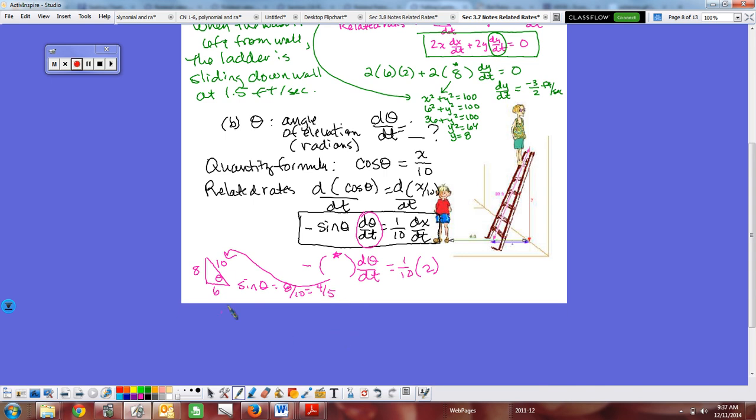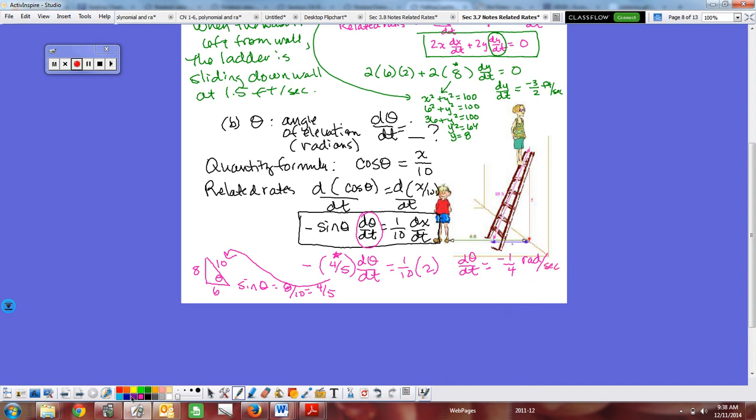So I do the work to find whatever I'm missing. Here's my 4/5. And then I simply have to solve for d theta dt, and d theta dt equals negative 1/4. I will leave you to do the problem. And my units are radians per second.